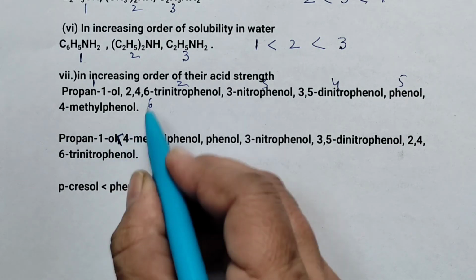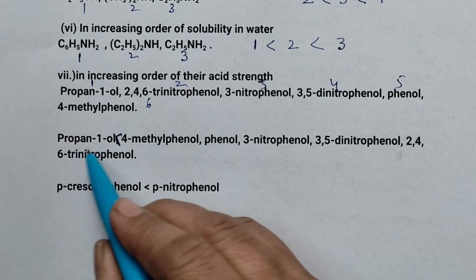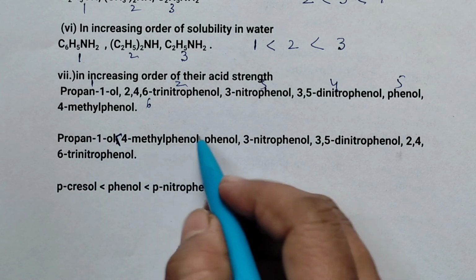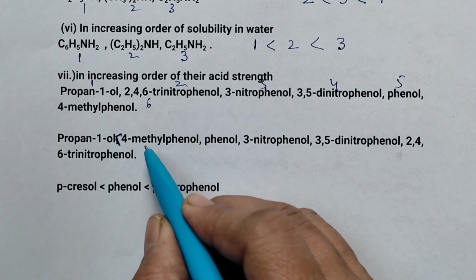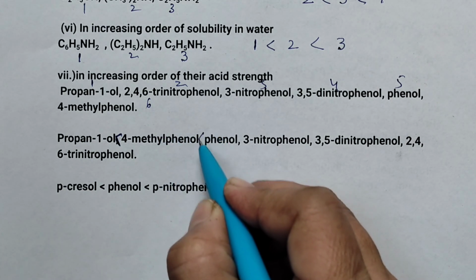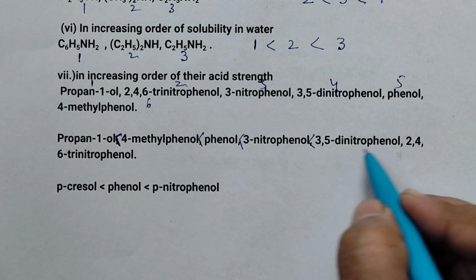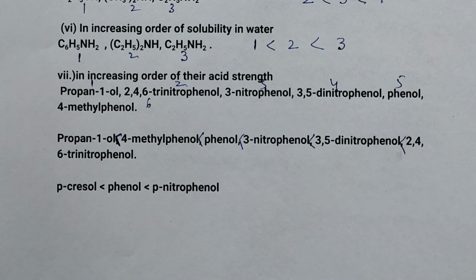This is the numbering. Instead of numbering the whole thing, I've written it here. This is normal alcohol. Then this is 4-methyl phenol. Phenol is of course more acidic than normal alcohol, but in this phenol there is a repelling group, so it will be less acidic than normal phenol. Then a withdrawing group: 1 nitro, then 2 nitros, and then 3 nitros. 3 nitros means it will be most acidic.